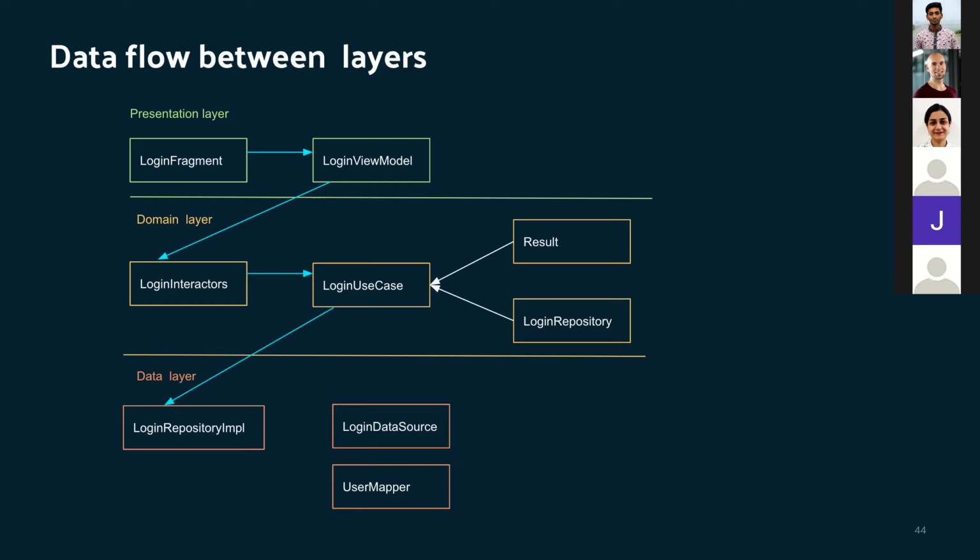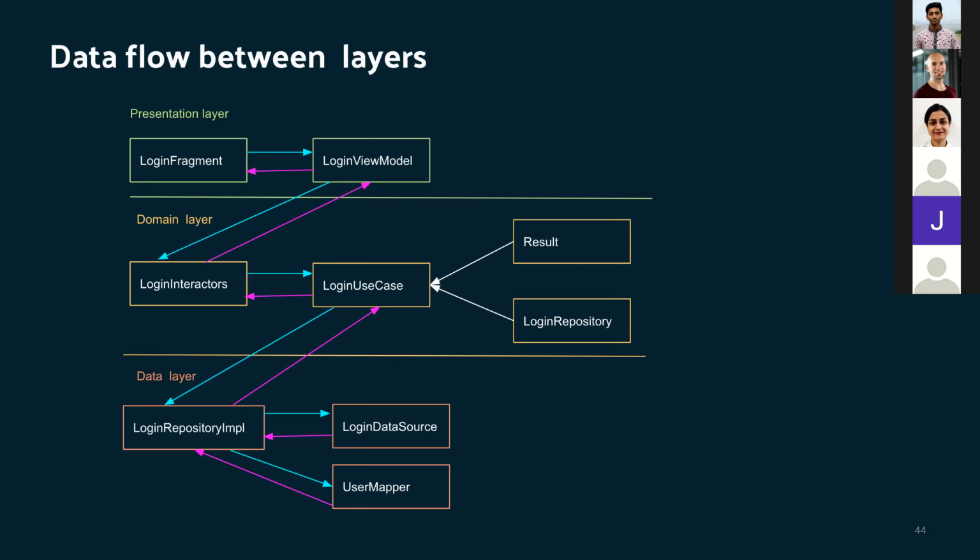We call the login repository implementation, which calls the login data source, and if the result is successful, not failed, it would need a user mapper to map this data layer specific user model into a domain layer specific model. And then the data flows back to the use case via interactors to the view model. And then when we have this new result in the view model, it will update the view state. And whenever the view state is updated, the login fragment will update the UI accordingly. So yeah, this is how the data flows between the layers.